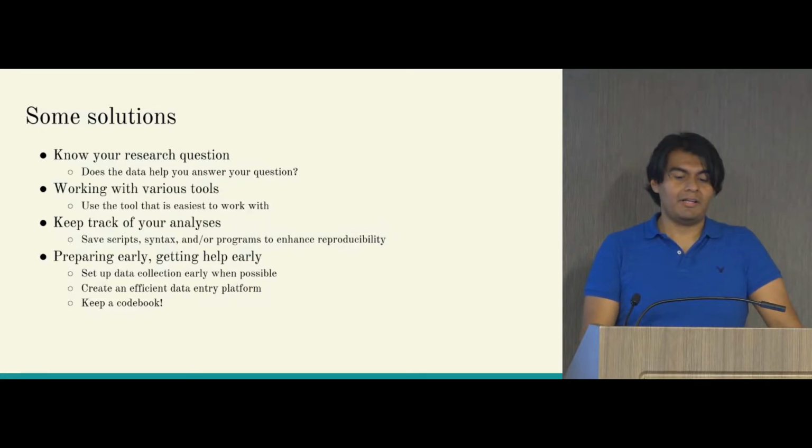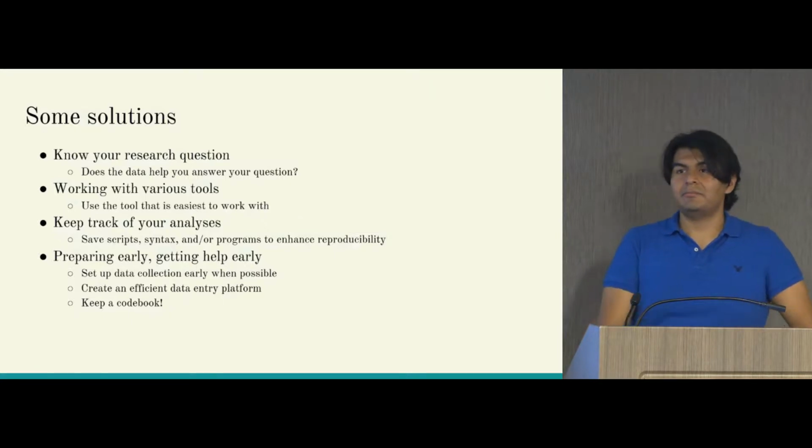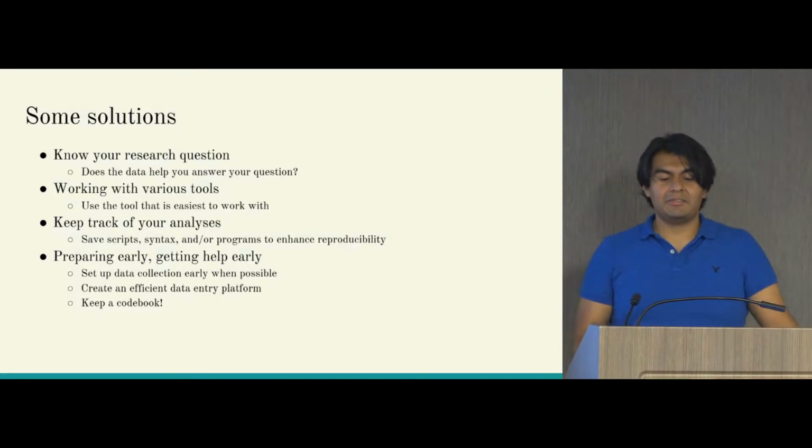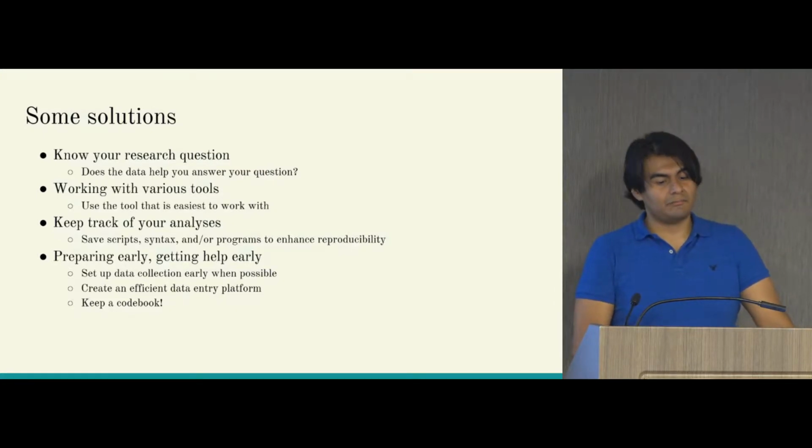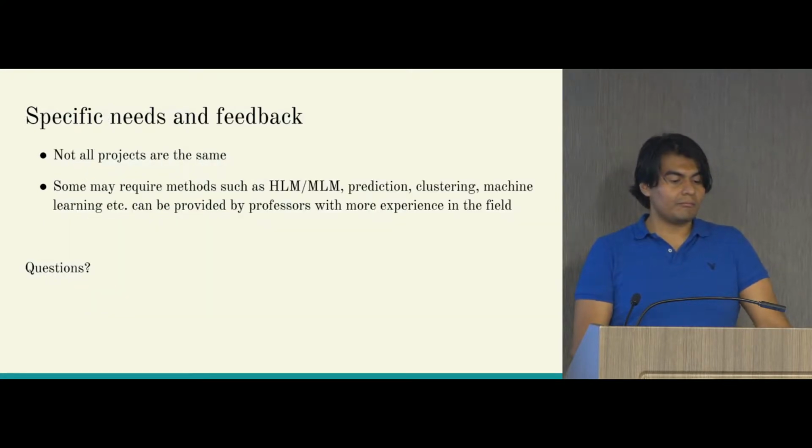And if you are collecting time series data and you have several different time points, you want to make sure that all of your variable names are consistent across all of those time points, so that they're easy to merge.